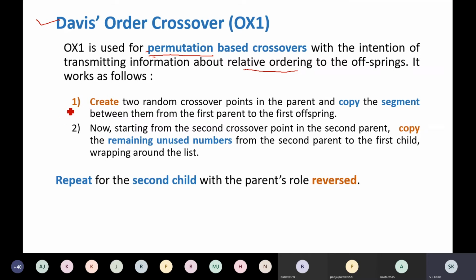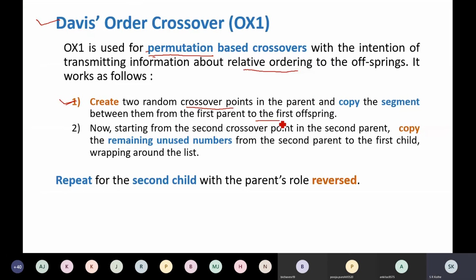So the technique works in this way. First, create two random crossover points in the parent. Okay. What we have to do? Create two random crossover points in the parent. Copy the segment between them from the first parent to the first offspring.